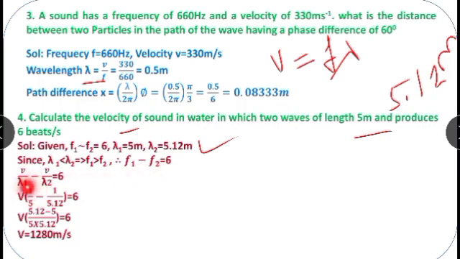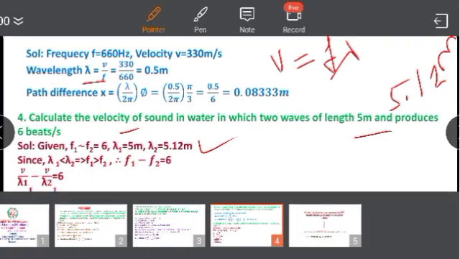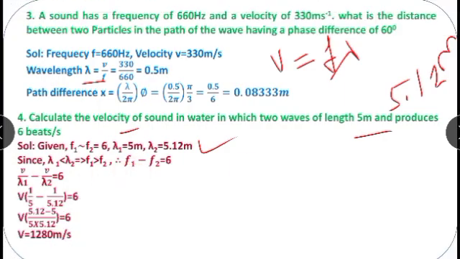Then v by lambda, we know this relation, v is equal to f into lambda. So if we want to know the frequency, f is equal to v divided by lambda.